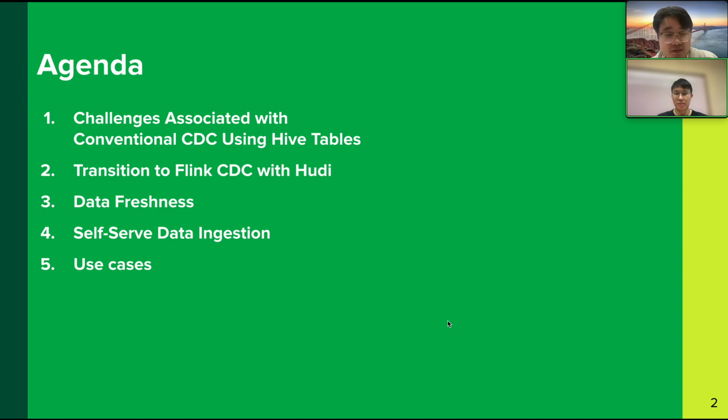The third item is data freshness monitoring for the Hudi tables we built in Grab. The fourth item is the self-service journey in Grab, since a lot of components are involved in running the Hudi tables. And the fifth one is the use case we have in the fraud team in Grab.